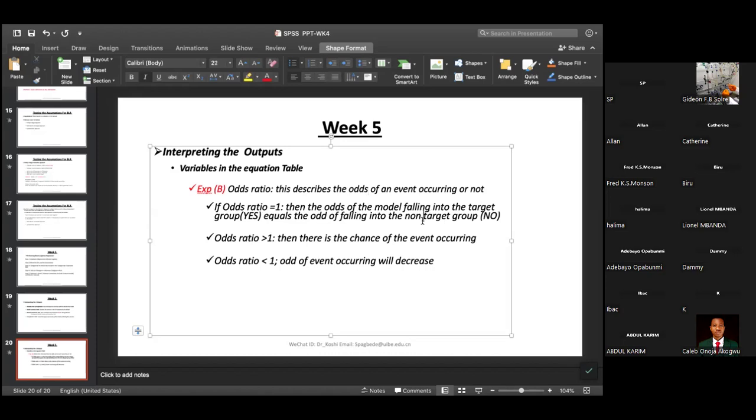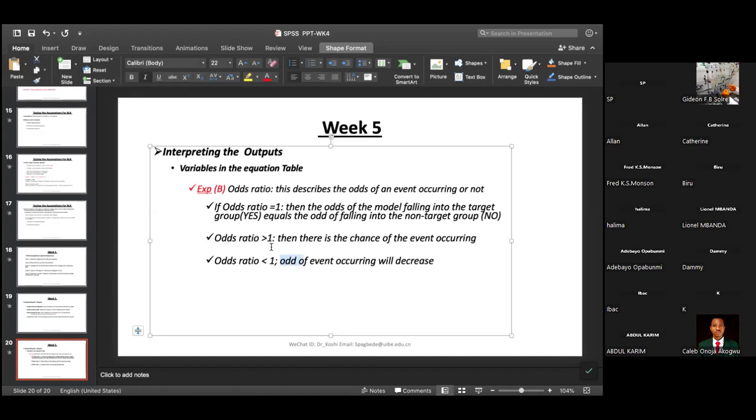This simply implies that the variable is not significant, as there's a 50-50 chance. Now, if the odds ratio is greater than 1, then there is a greater chance of the event occurring. But if the odds ratio is less than 1, then the odds of the event occurring decrease.